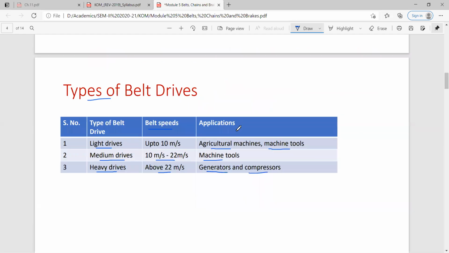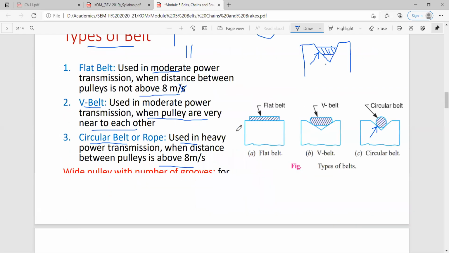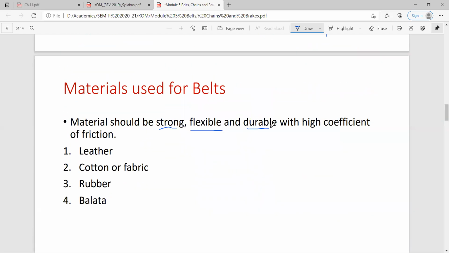That's why it should also be flexible, and it should have durability, so that you can use a belt over a long time. The coefficient of friction of the belt material should also be high.